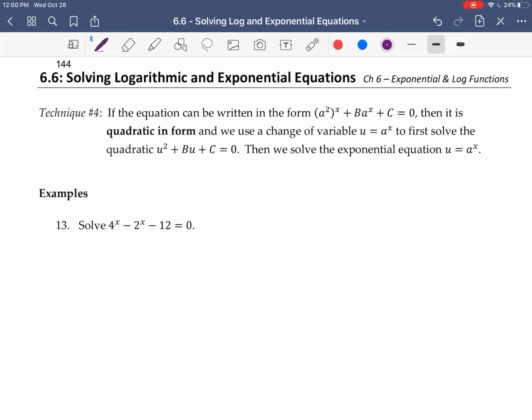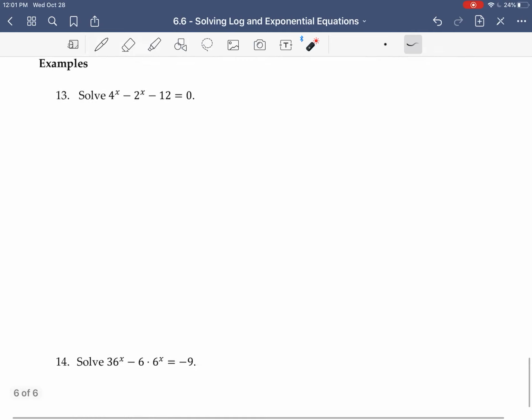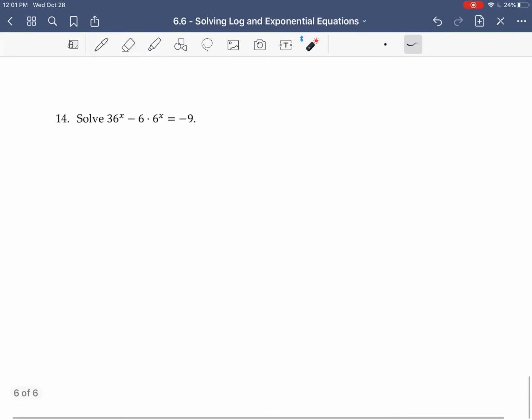Basically you just want to write what your u is, so let u be some exponential expression here, and then when I substitute it in, I get something that looks like a quadratic equation, which I know how to solve. And then we get multiple, sometimes, multiple exponential equations to solve. So I'm going to leave 13 for you to do and do number 14 here.